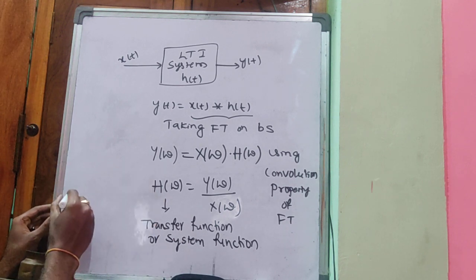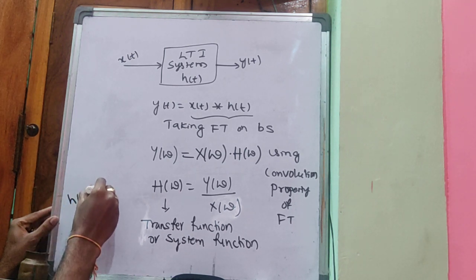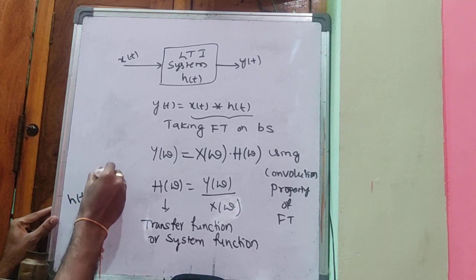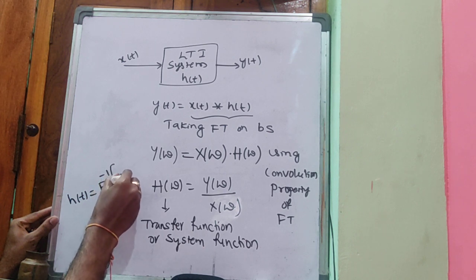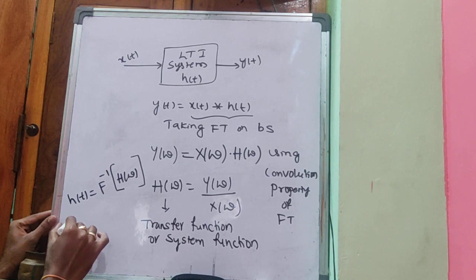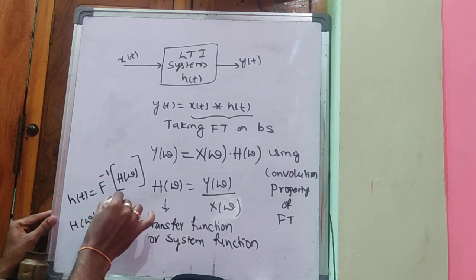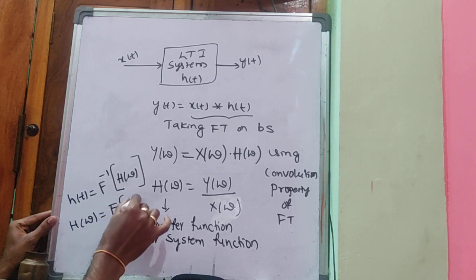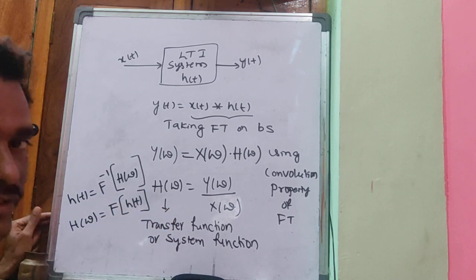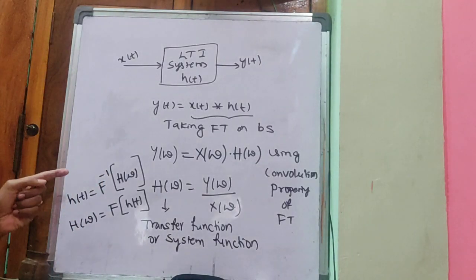The impulse response h of t is equal to the inverse Fourier transform of H of omega. Conversely, the system function H of omega is equal to the Fourier transform of h of t. This is a very important relation between the transfer function and the impulse response.